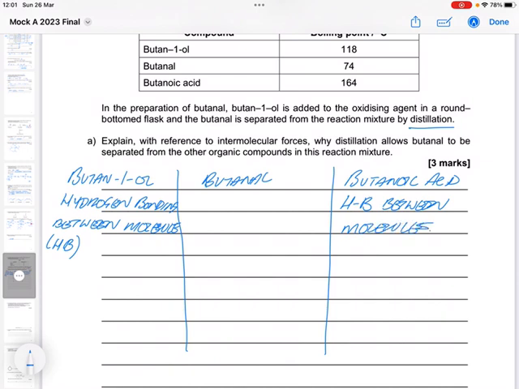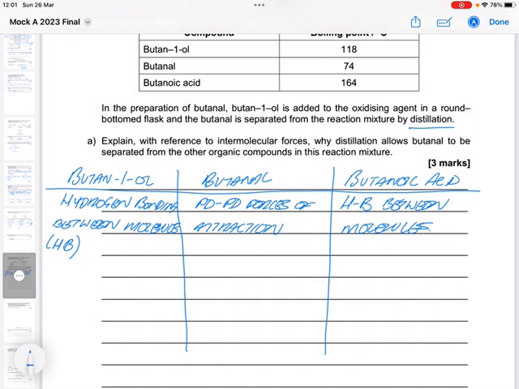Now with butanal, butanal is going to have permanent dipole forces of attraction. So they're my three things.